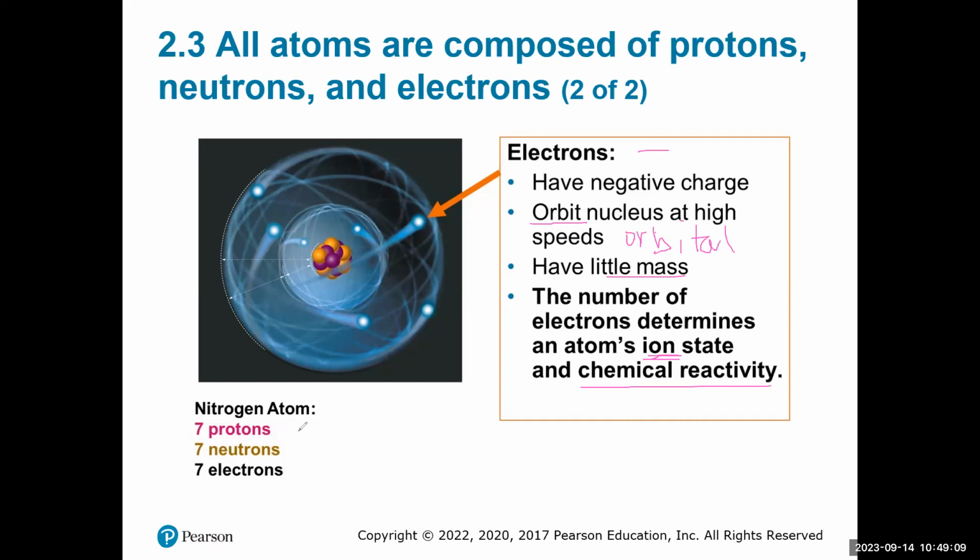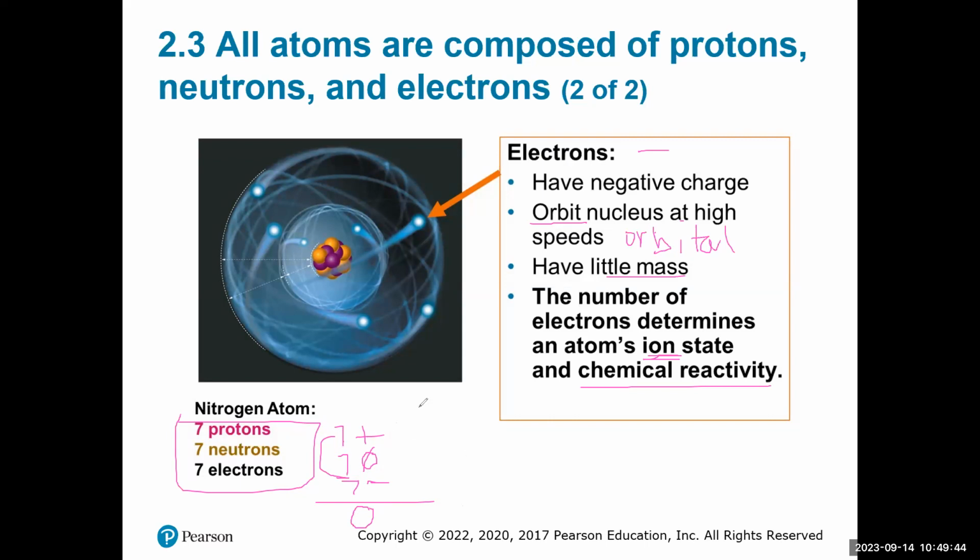If we go back to our nitrogen atom, it has 7 protons, 7 neutrons, and 7 electrons. So 7 things are positively charged, 7 have no charge, and 7 are negatively charged. These balance each other out, so the overall charge of nitrogen is 0.